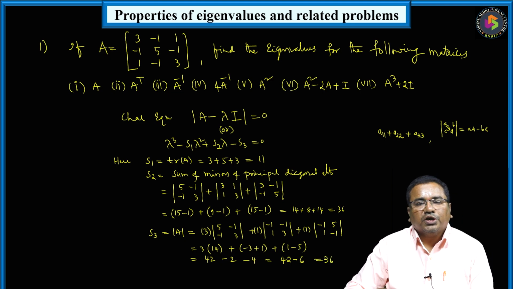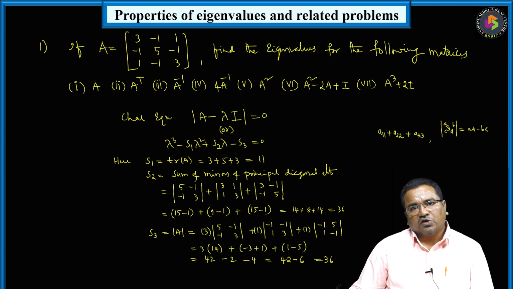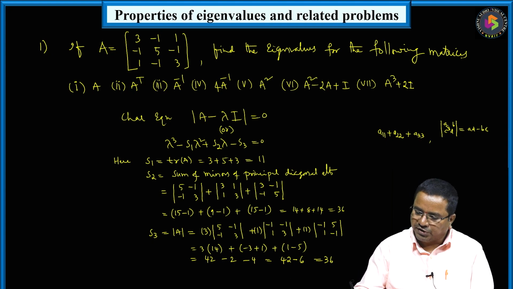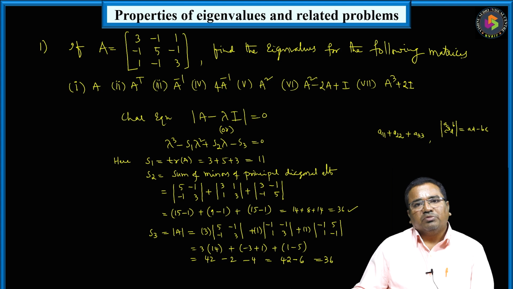So now we computed using these formulas S1, S2, S3. S1 is the trace of a matrix, that is the sum of principal diagonal elements. S2 is the sum of minors of principal diagonal elements, the value we got is 36. Then S3 is the determinant of the matrix, that is also 36.